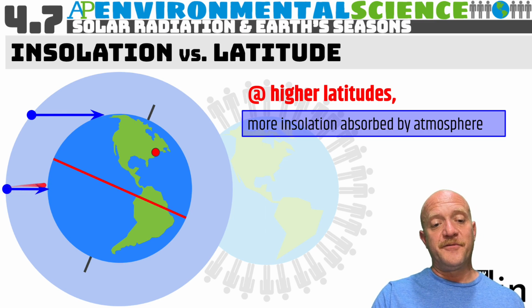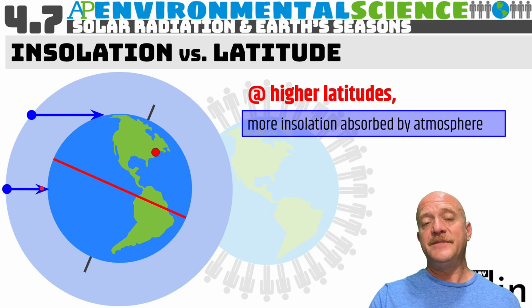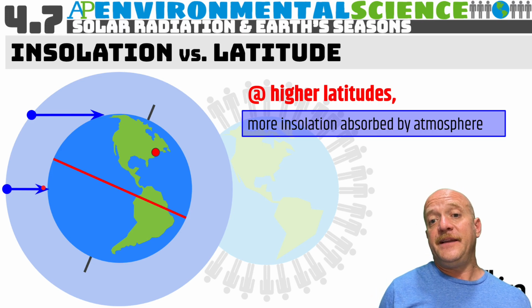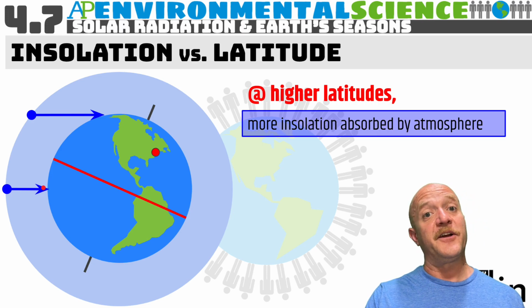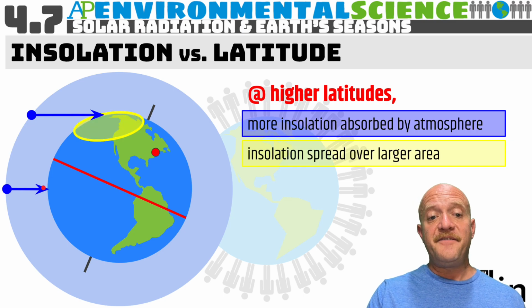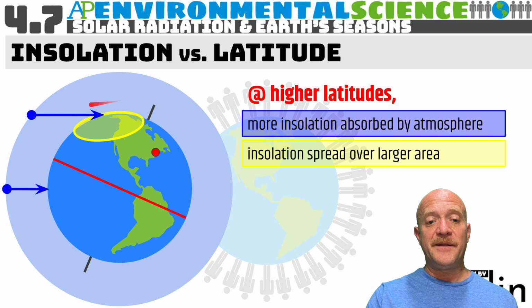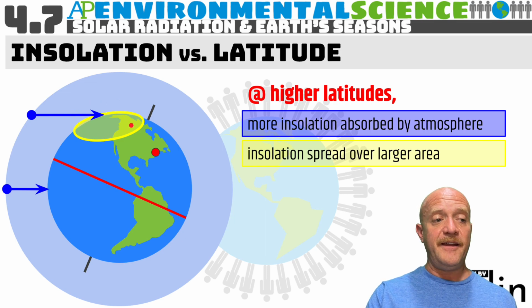When you're getting more direct rays, you go through less of the atmosphere, which means less radiation is going to be absorbed by atmospheric particles. And then finally, at higher latitudes, we're also spreading that insolation over a larger area. So they're not only indirect rays, but they're also spread over a larger area.